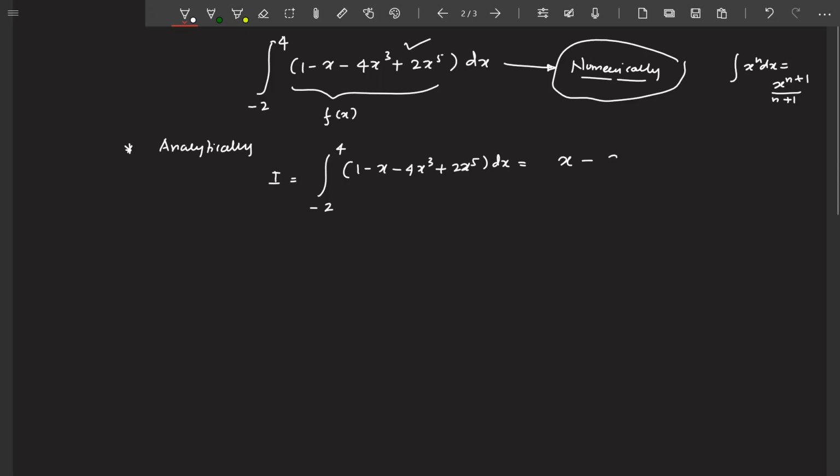Similarly, integral of x is going to be x squared divided by 2, minus integral of x cube is going to be x raised to 4 divided by 4, plus 2 is going to be x raised to 6 divided by 6, and we also have to substitute the limits. You'll realize that when you substitute the limits here, the value of the integral that we are going to get, you can just check the value, is going to be 1104.